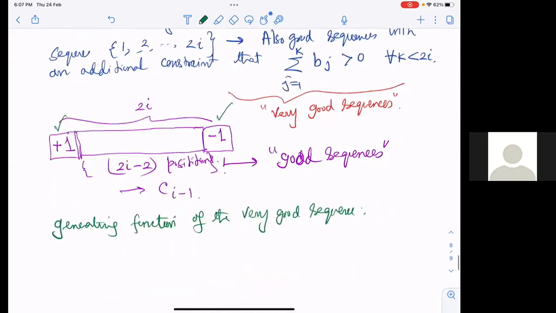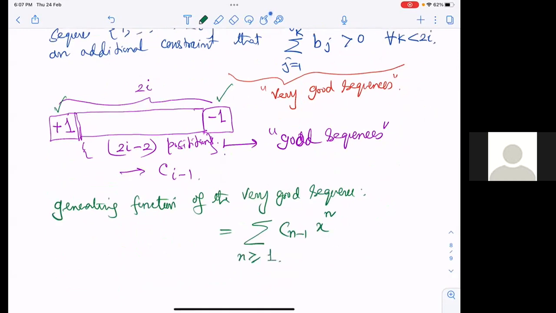So this was 2i, which is determined by 2i - 2. That means if you take this to be 2n, it will be determined by 2n - 2, which is Cn-1. That's the reason this generating function is Cn-1 x power n. You understand the logic?